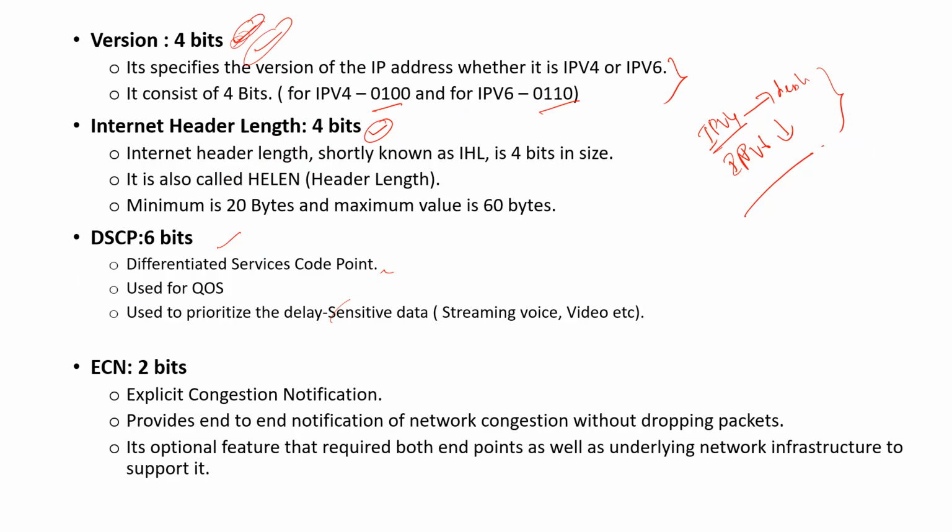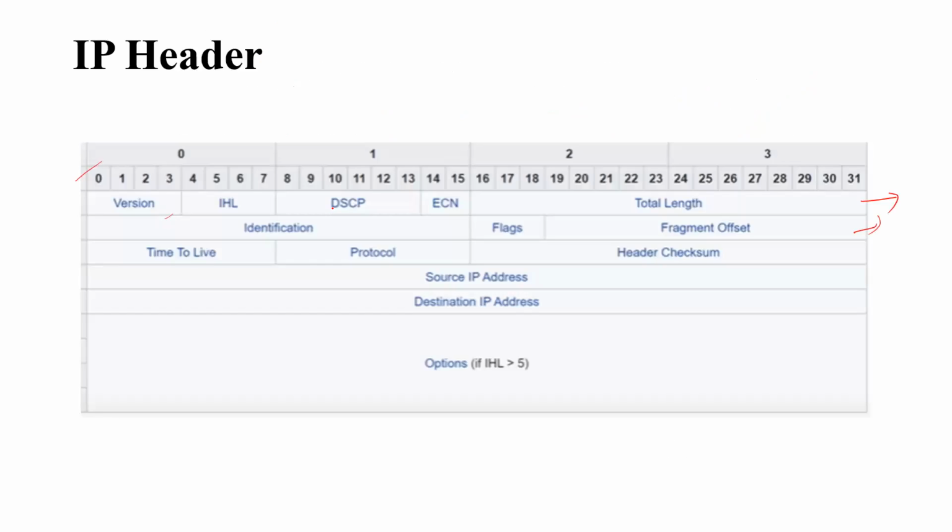If it is an IPv4 address, 0100 will be there in place of version. In case of IPv6, 0110.